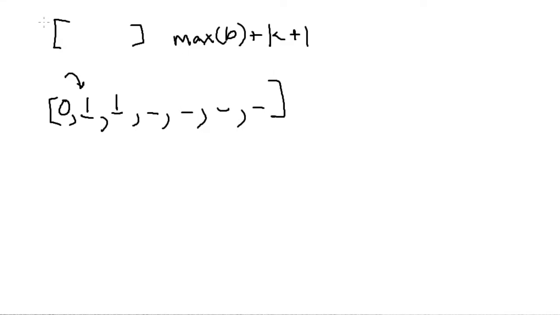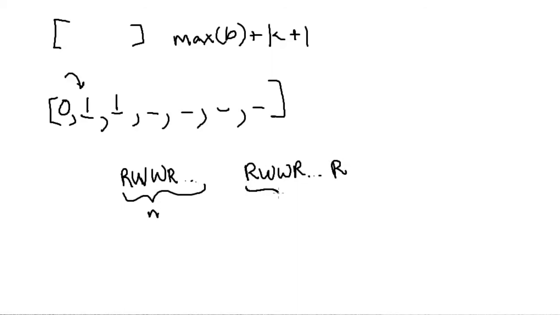It could be less. Sorry if this is confusing, but what I'm trying to say is, if we have a sequence of letters, say R, W, W, R, and so on and so forth, and this has a length of n, then we know that R, W, W, R, dot, dot, dot, and then at the end we can put an R, is also going to be a case.